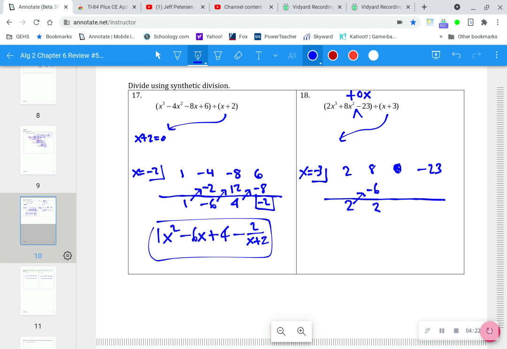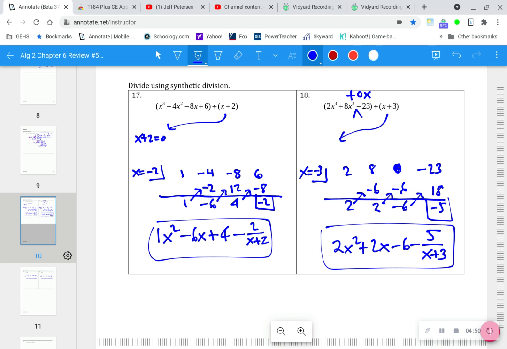Add, multiply by negative 3. Add, multiply by negative 3. Add, and you've got your remainder of negative 5. So this is going to be 2x squared plus 2x minus 6 is your constant, minus 5 over the divisor x plus 3. There is your quotient.